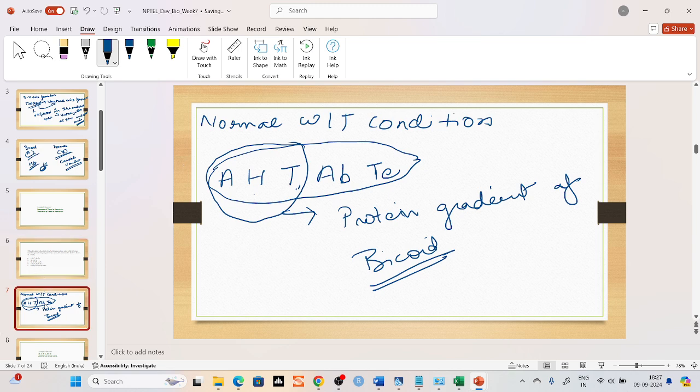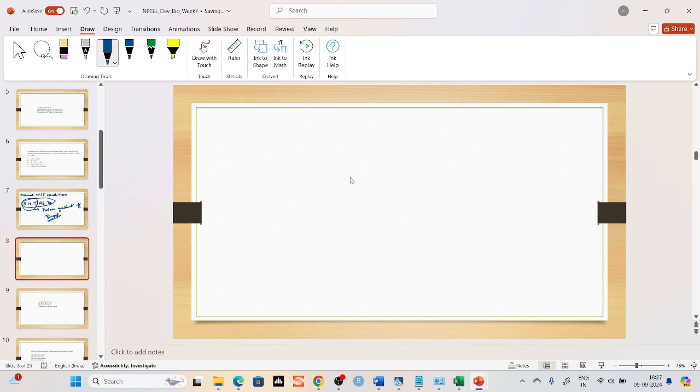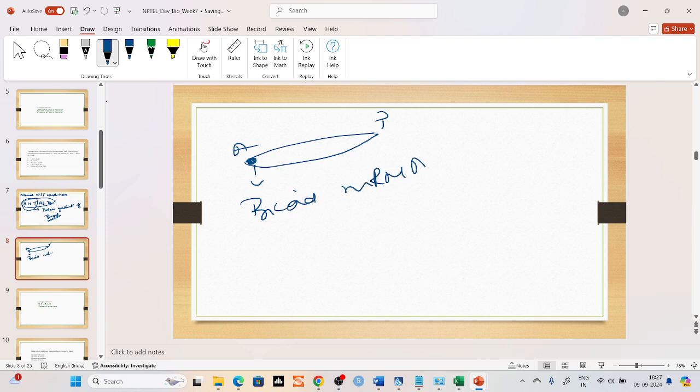Before the zygote has formed, before the fertilization, bicoid mRNA are present in the anterior realm. This is your bicoid mRNA. After the zygote is formed, this mRNA gets translated and it is converted into protein.